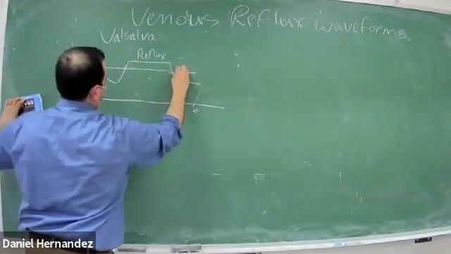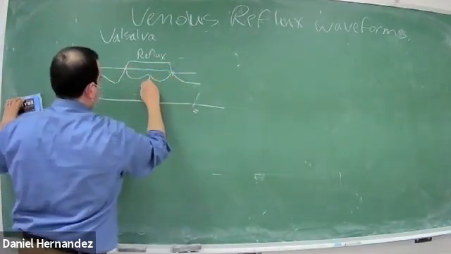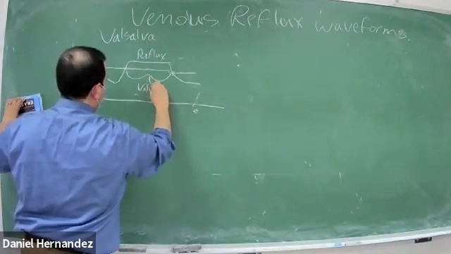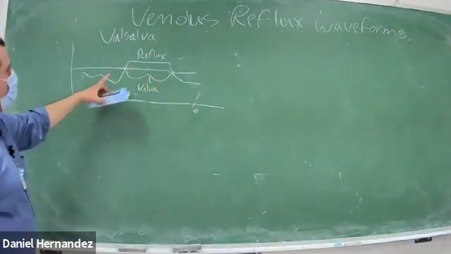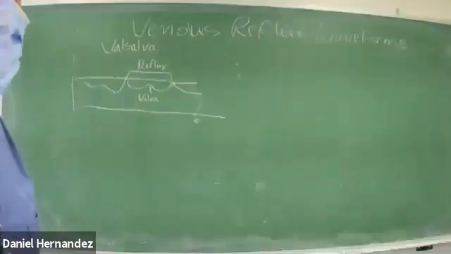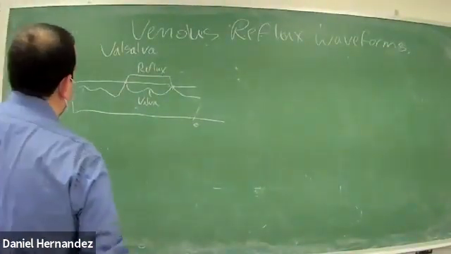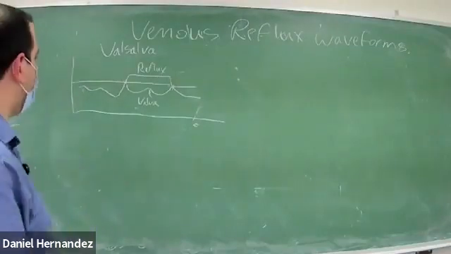This would be release of Valsalva. This is the Valsalva period. So our reflux would be blood flow going above the baseline. So if we had our color on, anytime we go above and below the baseline, that also will represent a change in color on your screen.